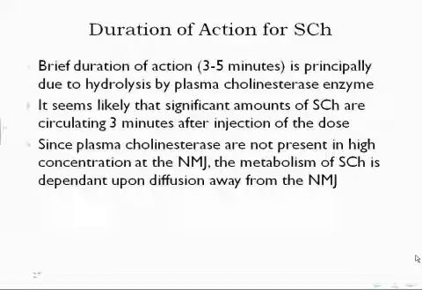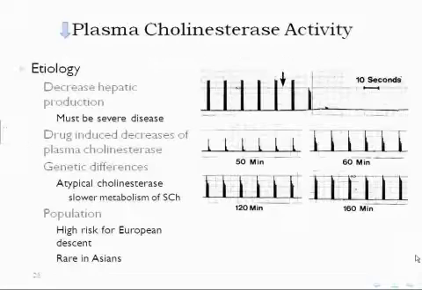If you don't have any way to redistribute because the plasma concentration stays high, because you don't have any plasma pseudocholinesterases to break down the succinylcholine, then the medication just redistributes out in the plasma and goes right back in and causes the effect again. So that person stays basically muscle relaxed for long periods of time.